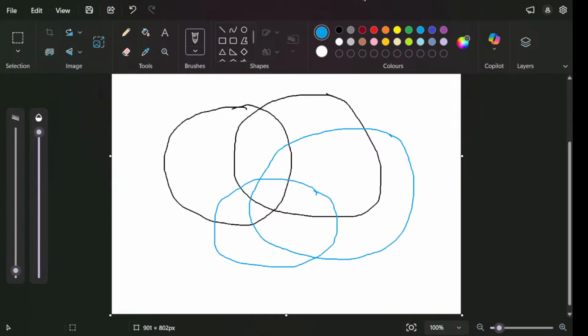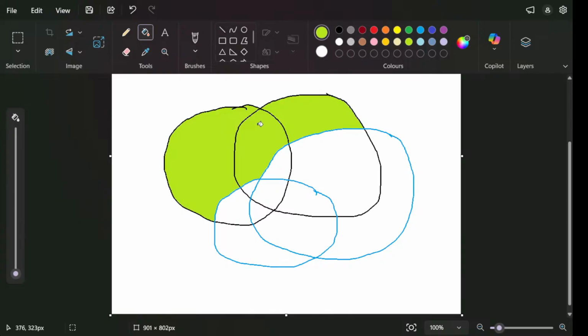What we're saying is we know that the union of F intersect G's complement: the union of F, so that's this area and this area, intersect with G's complement, which would be everything outside of the blue circles, is a subset of the union of F intersecting the union of G's complement.